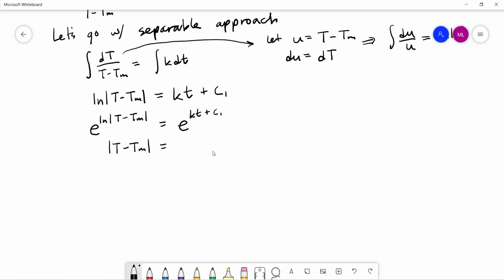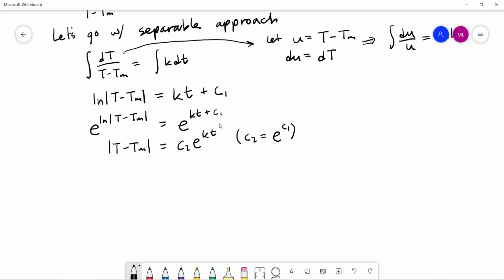And on the right-hand side, I'm going to have this exponential, and we can think of the e raised to the plus c1 term as being basically just another constant that I'll call c2, times e to the kt. And just note that c2 is equal to e to the c1. So some new constant that we've got there.